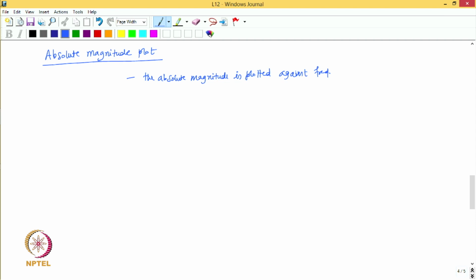So this plot may look something like this. We have the absolute magnitude, that is alpha magnitude, as a function of frequency, and this plot may appear like this.